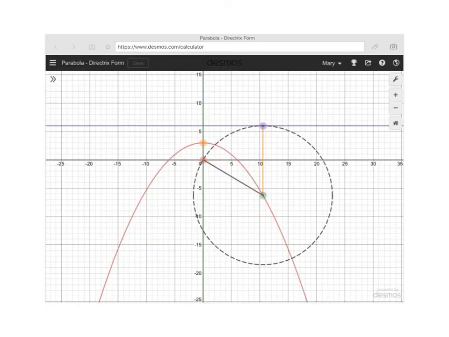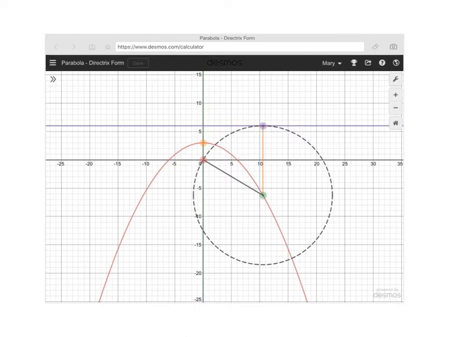Here we have a picture of a downward facing parabola. I'm going to make this circle go away in just a second, but you can see here that this circle would have its center as a point on the parabola. And here's what's important about our parabola. The distance from the point on the parabola to this focus point right here is the same, because it's the radius of the circle, as the distance from the point on the parabola to this purple line.